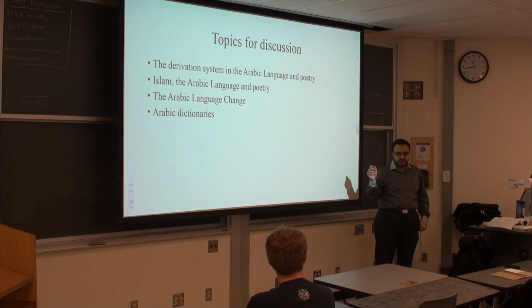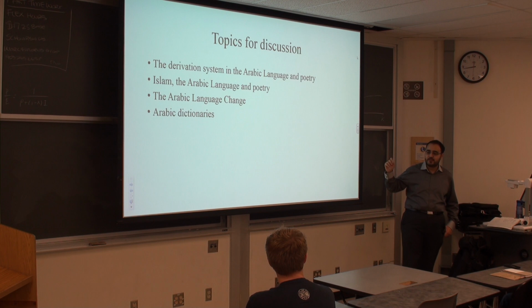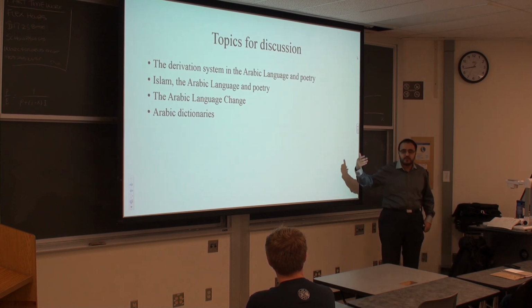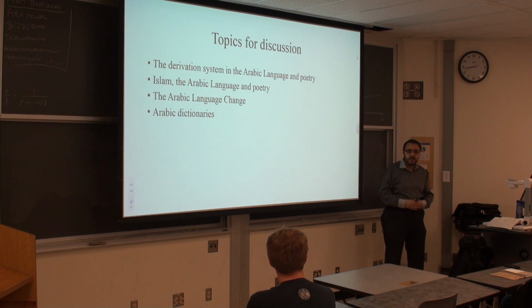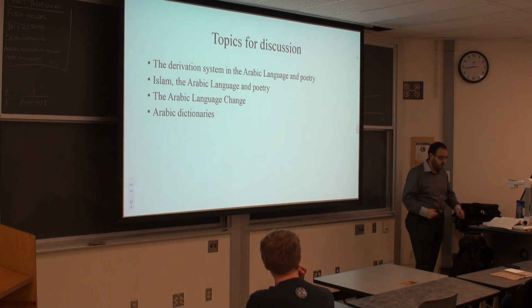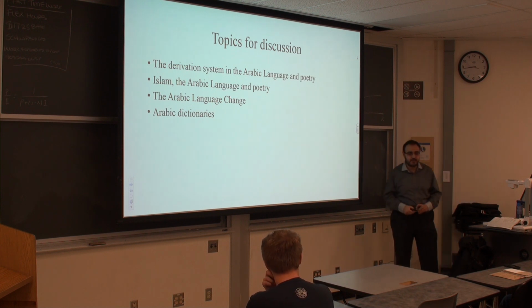It will depend on the dictionary, but they will usually be grouped. So let's say they'll start with a certain verb, form 1 verb, for instance, and under form 1 verb, you may or may not find some of the conjugations.